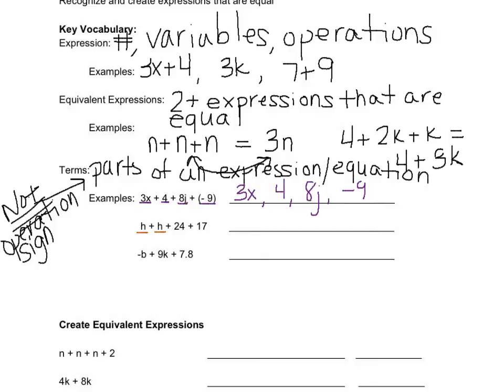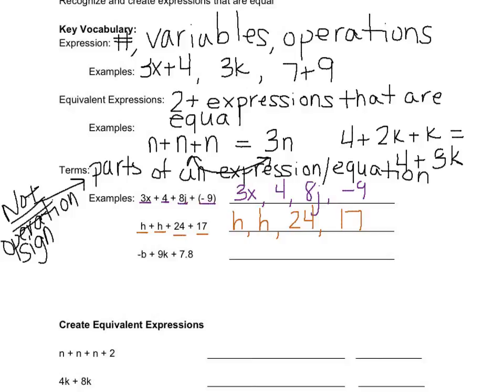So ignoring the operation signs, underlining, that means that I have an h, another h, 24, and 17. So far both of those had 4 terms in them.